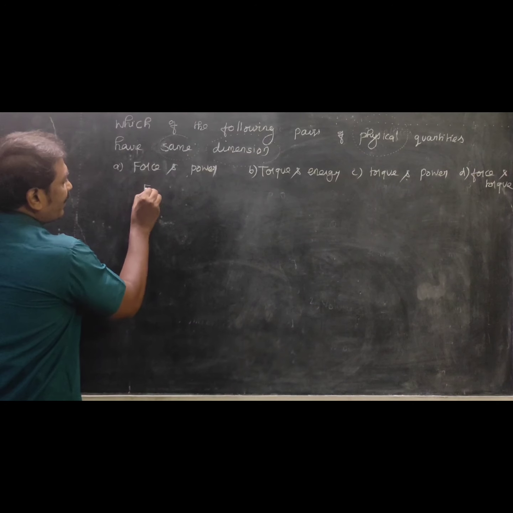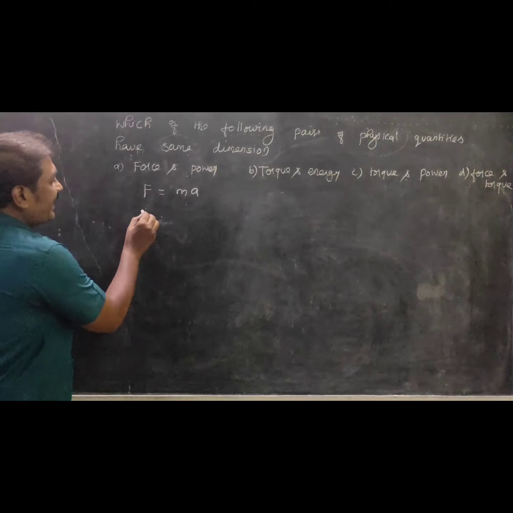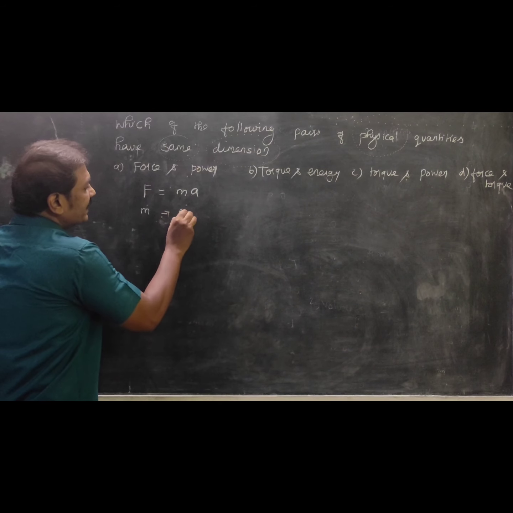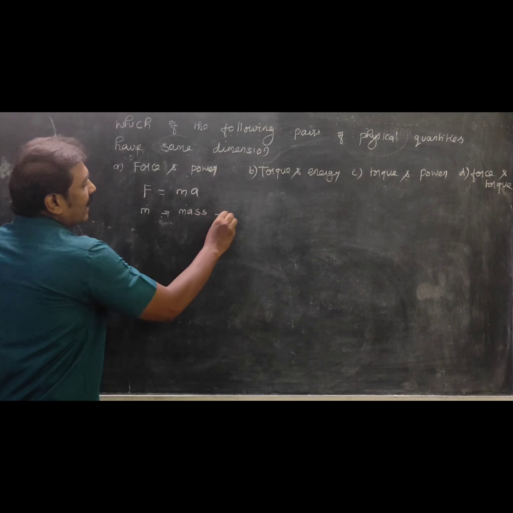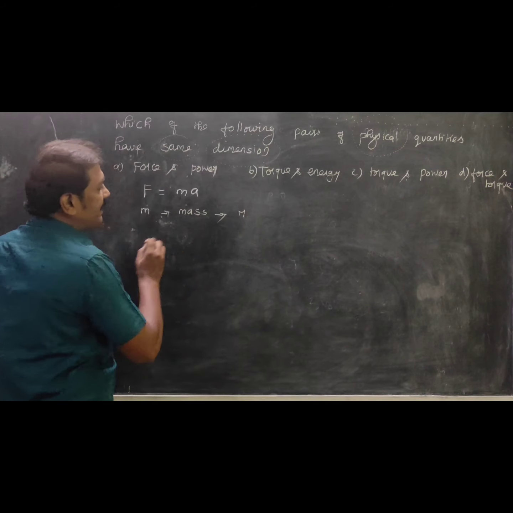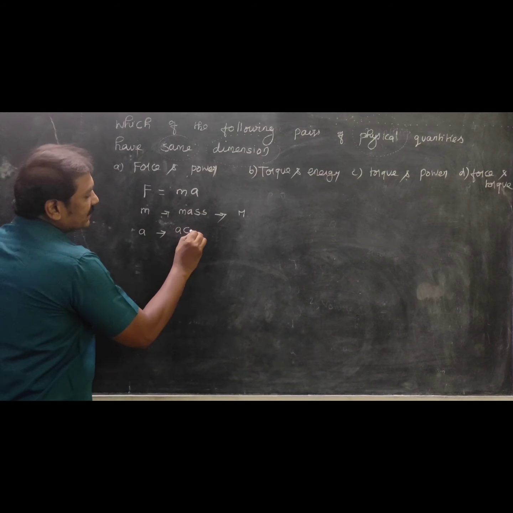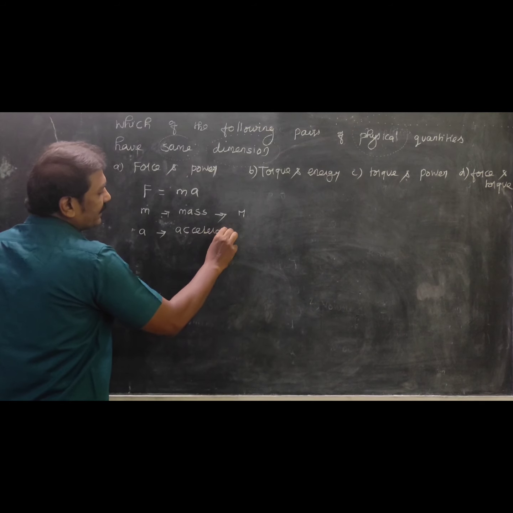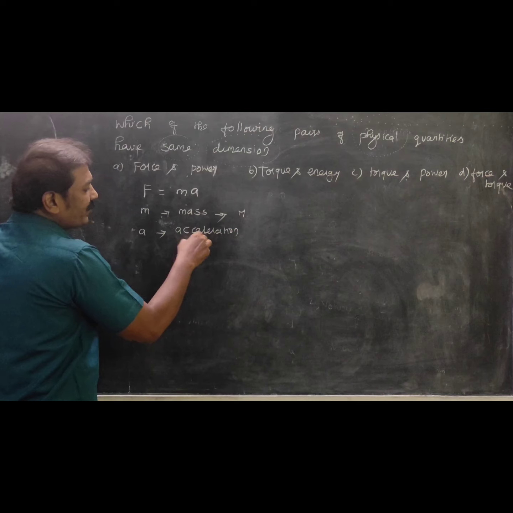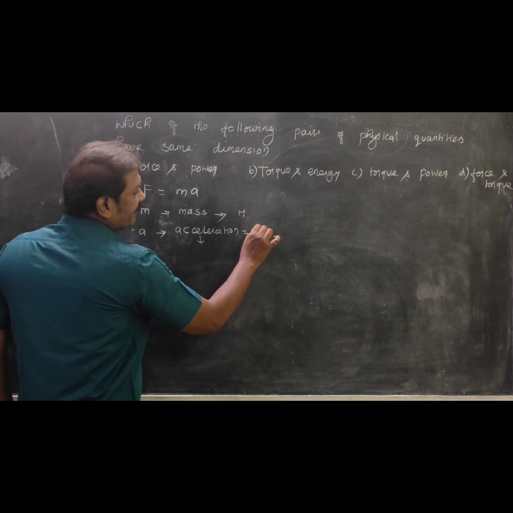This is the formula for force: F equals m a. Here m is the mass, and the dimensional formula for mass is capital M. Second, acceleration. What is the formula for acceleration? Rate of change of velocity.